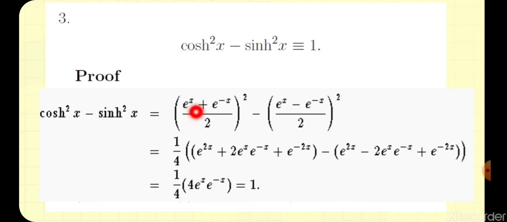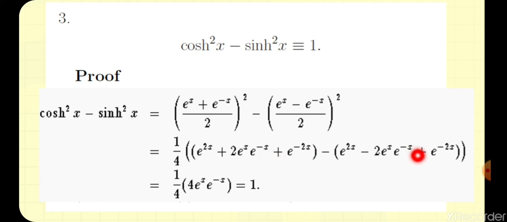Here we have e to the power x squared, e to the power 2x, plus 2 e to the power x, e to the power negative x, and you have to remember that e to the power x times e to the power negative x will be cancelled. e to the power negative x, to the power 2 equals e to the power negative 2x. Minus e to the power x squared, e to the power 2x, minus 2 e to the power x, e to the power negative x, plus e to the power negative 2x.